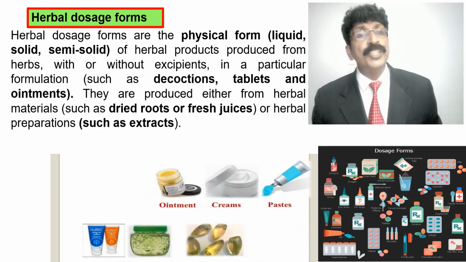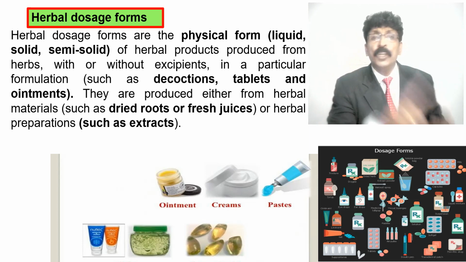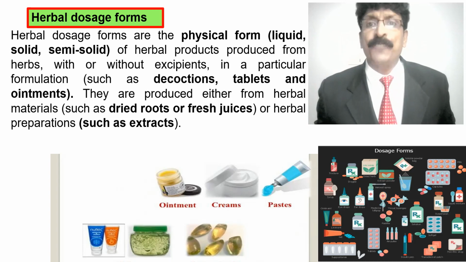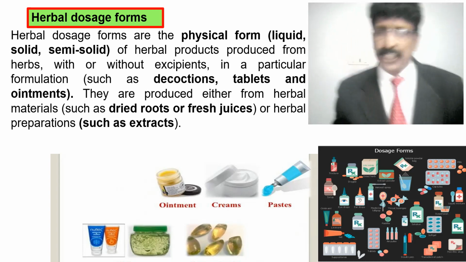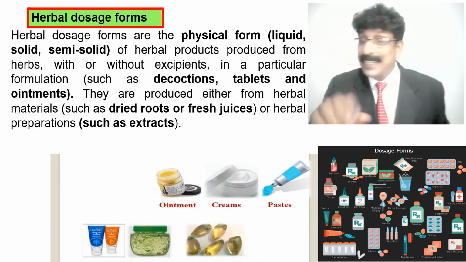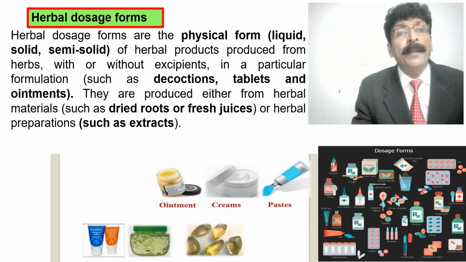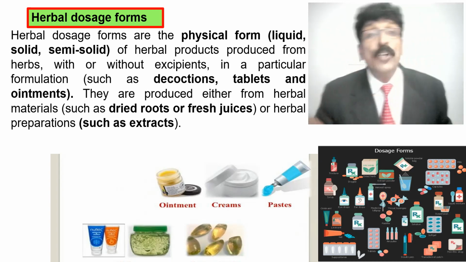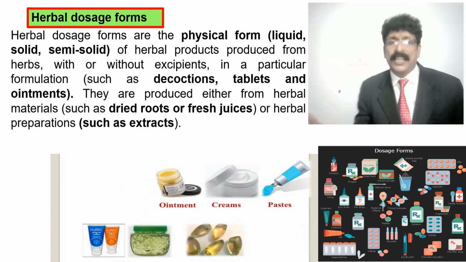Herbal dosage forms are the physical form, liquid, solid, semi-solid, of herbal products produced from herbs with or without excipients in a particular formulation, such as decoction, tablets and ointments, etc. They are produced either from herbal materials such as dried roots or fresh juices, or herbal preparations such as extracts.